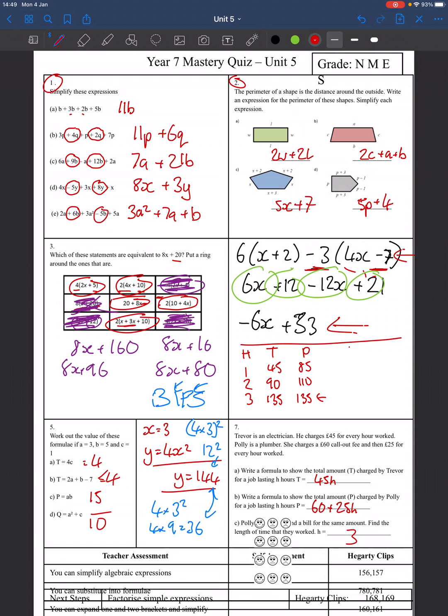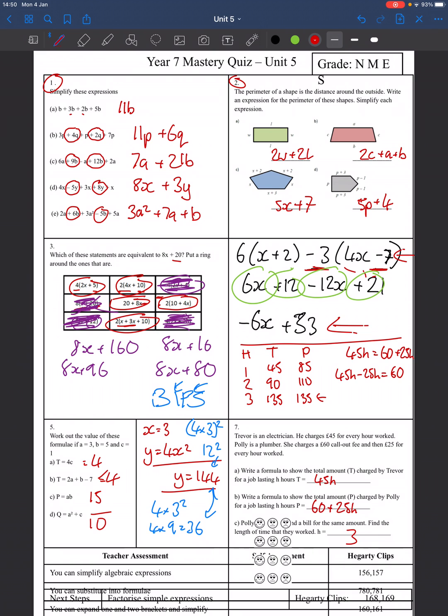But what you can do is equate the two formulas. Now, we probably didn't quite do enough of this, but if you've got 45H equals T, and 60 plus 25H equals P, it means that if these two things are equal, you can put them either side of an equality sign. Then I'm going to move things about. So I'm going to say, well, 45H take 25H, gather the H's on one side, equals 60.